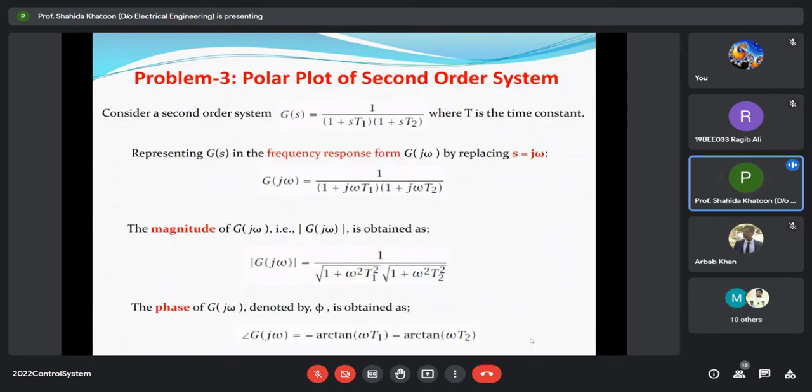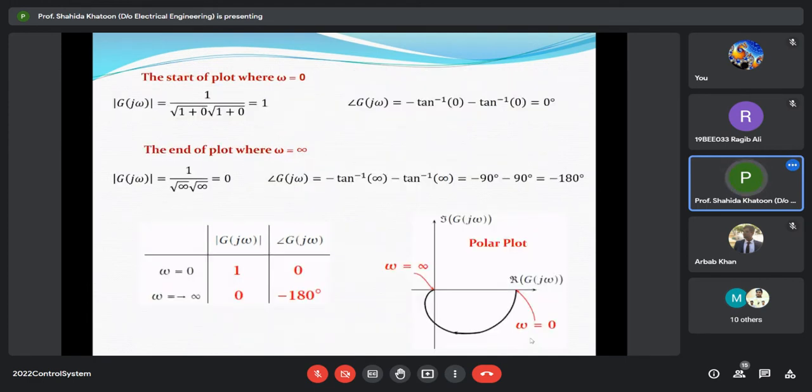Polar plot for this type of system, and if you do that you'll get a plot like this. You can draw this also.